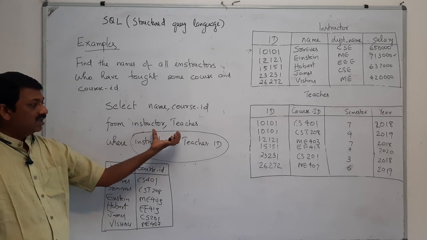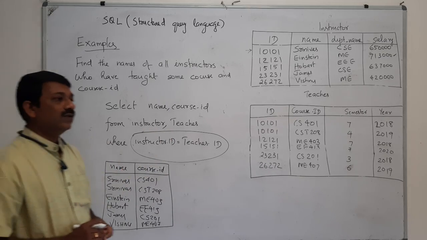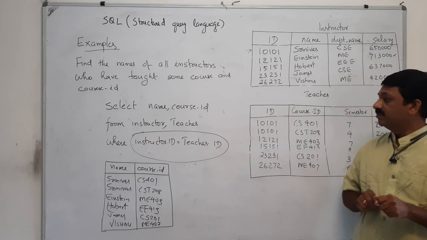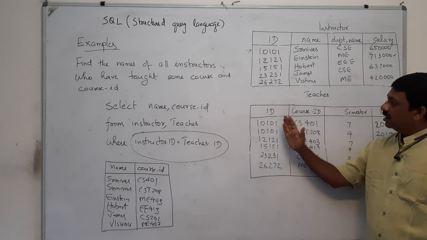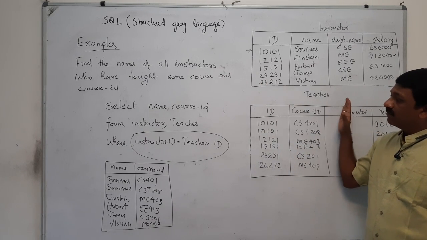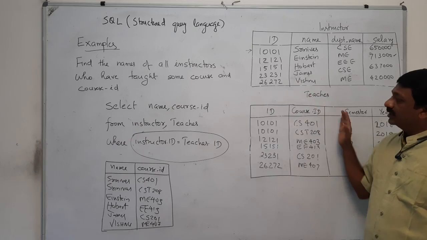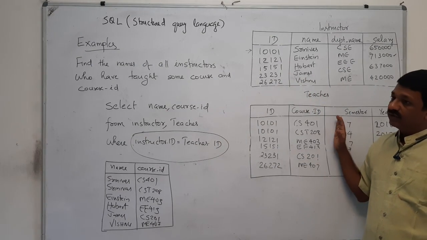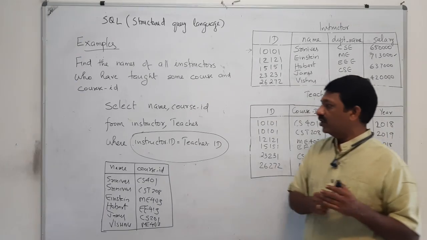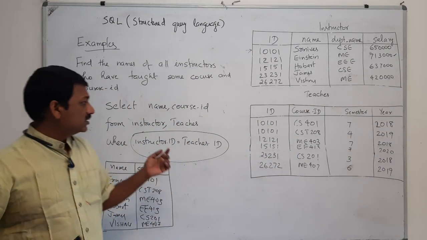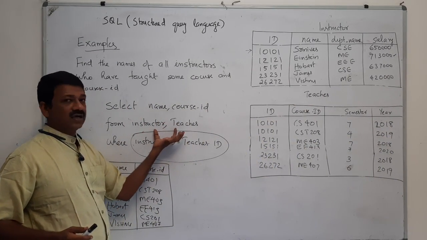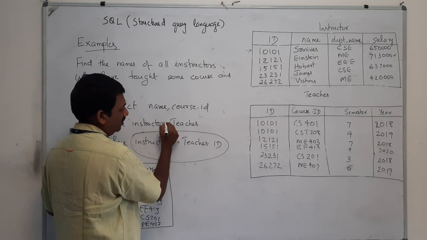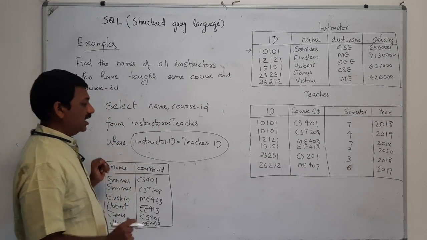Now going back to our relational algebra, you can take the natural join of these two, or equijoin. If you take the join of instructor and teachers, instead of taking the Cartesian product you can use the natural join.